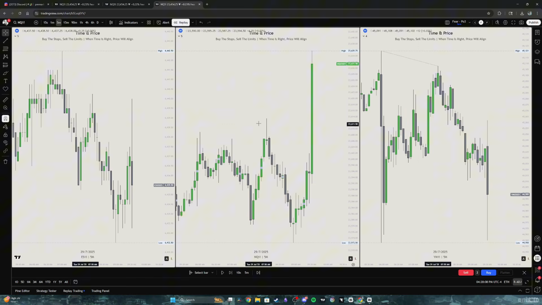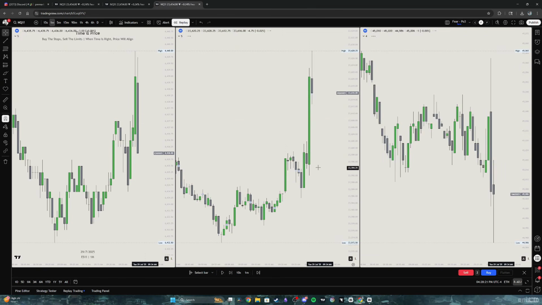On top of us still holding the SMT we had prior to market open, we now just formed a new SMT with the previous 90-minute high. Seeing all these things lined up together, that immediately made me think, okay, this is a 9:30 Judas swing. I'm going to short. I entered off the very first 15-second CISD.